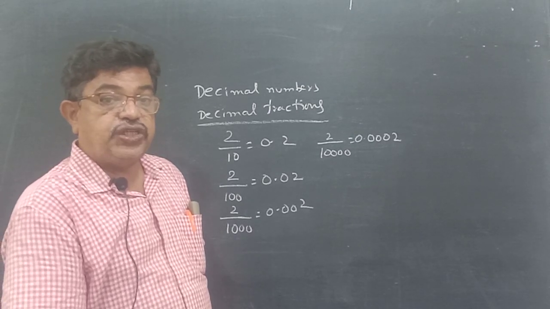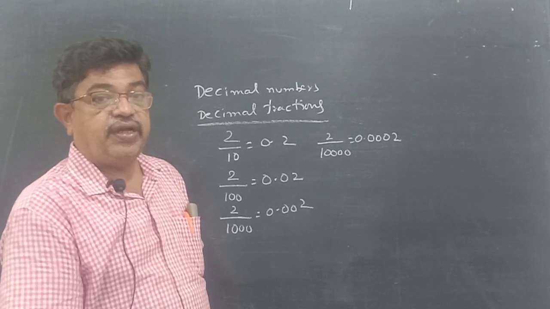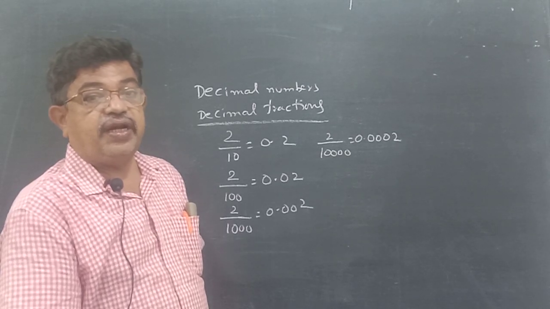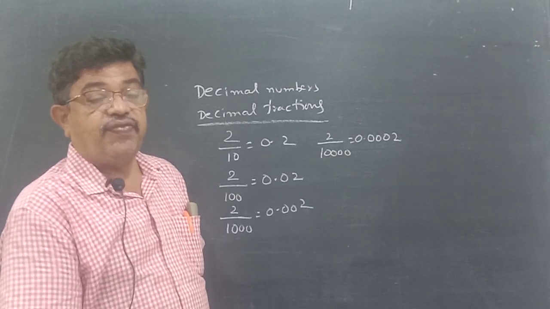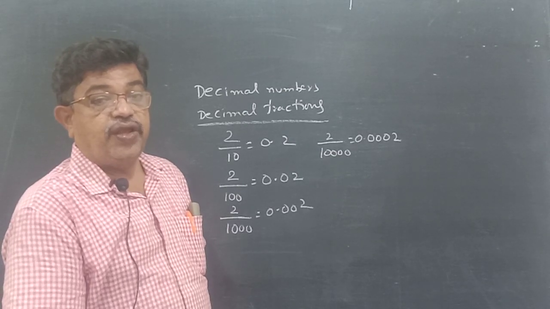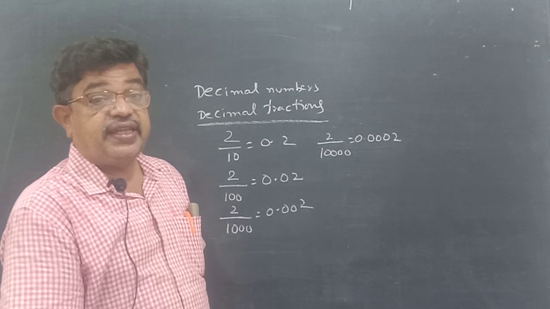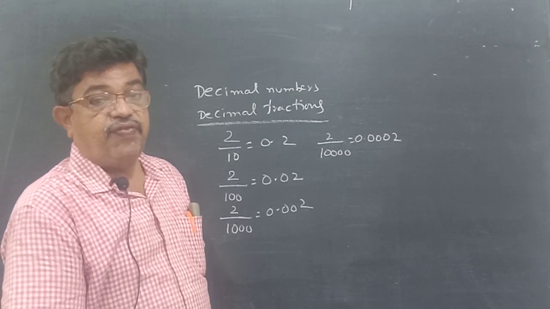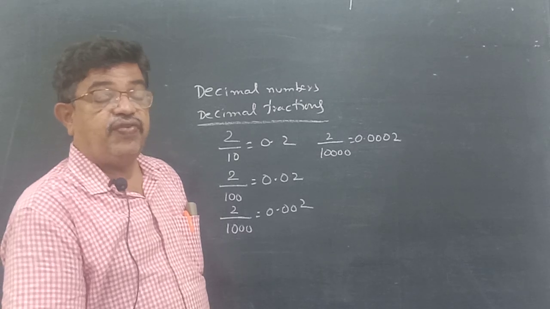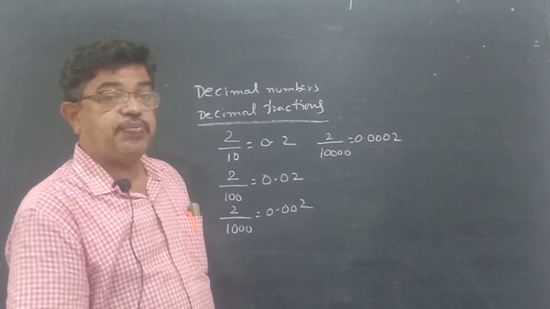Depending upon the number of zeros after the 1, we get the decimal places. If you have one 0 after the 1, then we get 1 decimal place. That is, if you divide a number with 10, we get 1 decimal place. If you divide a number with 100, we get 2 decimal places. If you divide with 1000, we get 3 decimal places. If you divide with 10,000, we get 4 decimal places.